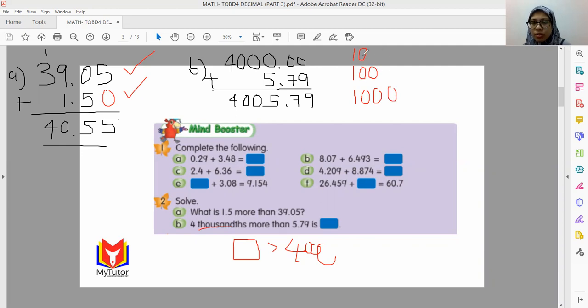So we have 10, 100 and 1,000, right? So when it's saying 4,000, it really is 4,000, right, Putri.